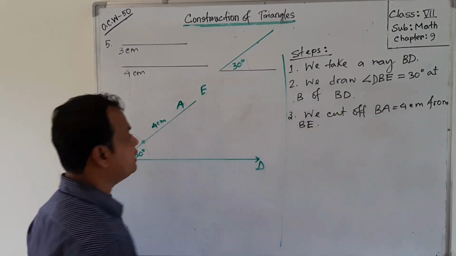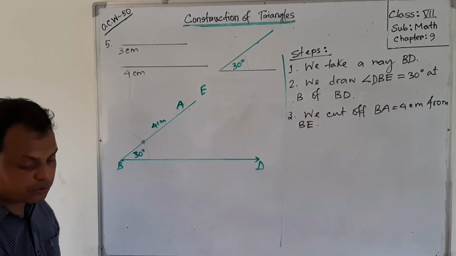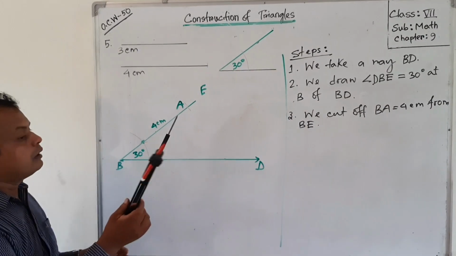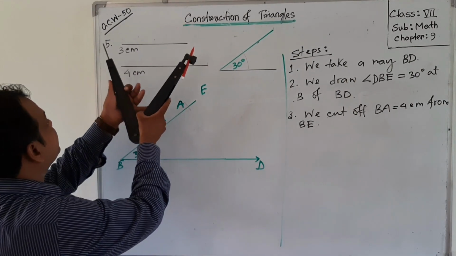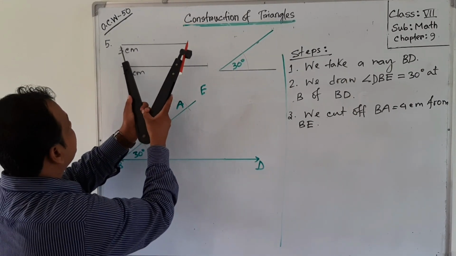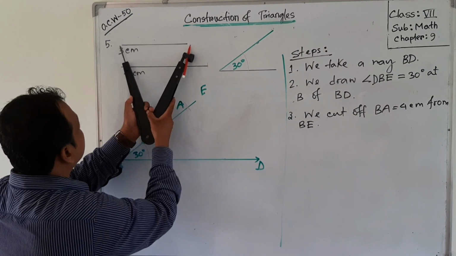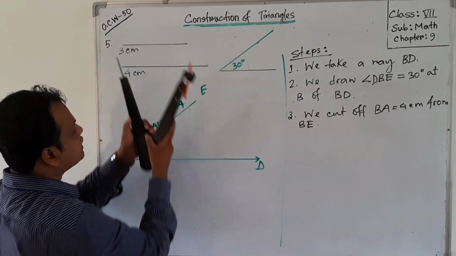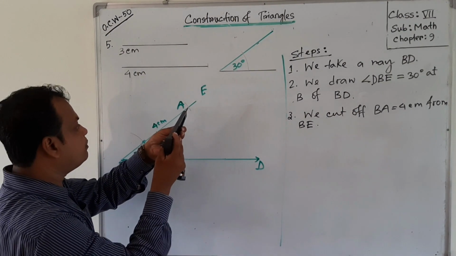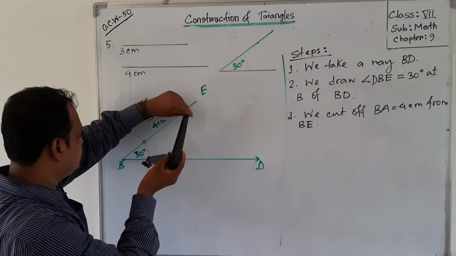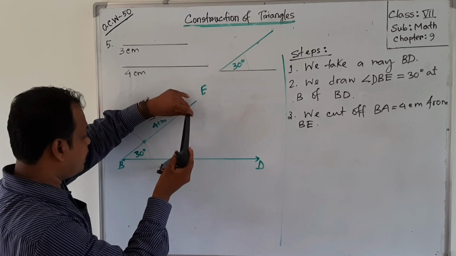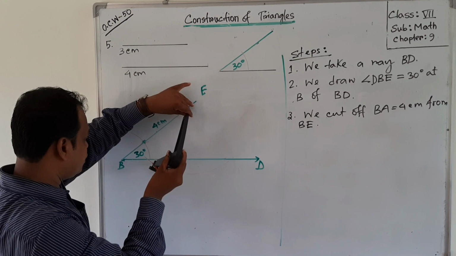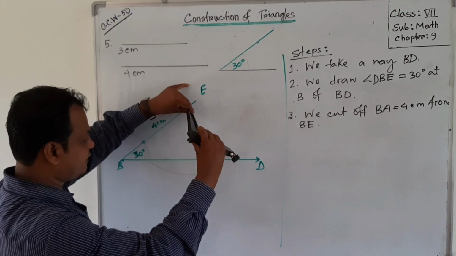From B. Now taking the radius equals to 3 cm, again we take the pencil compass and take the radius 3 cm. So this one equals to this one, 3 cm, and with center A we draw an arc.